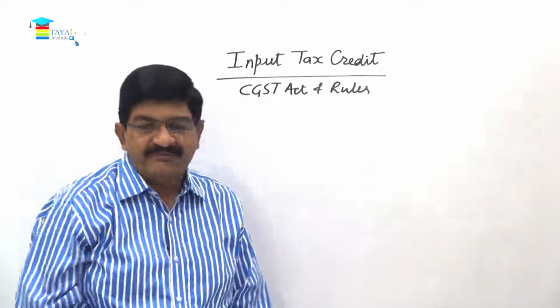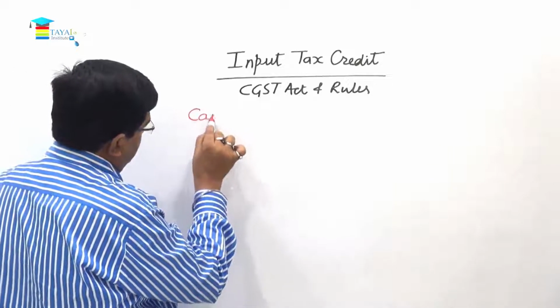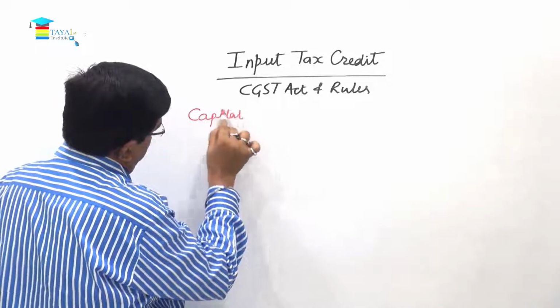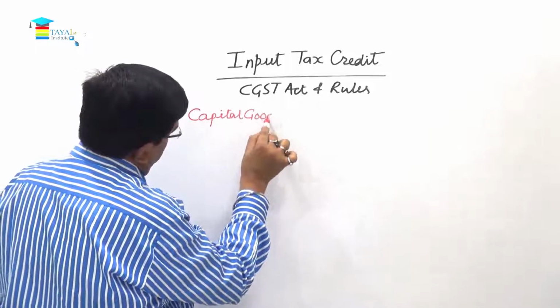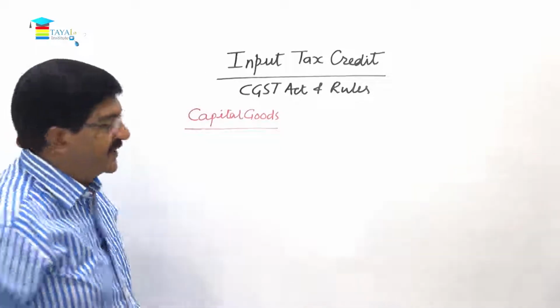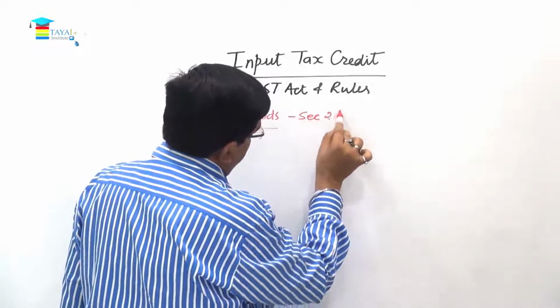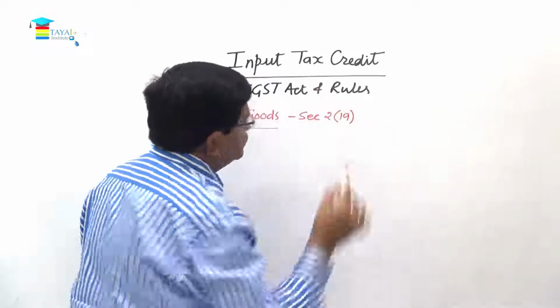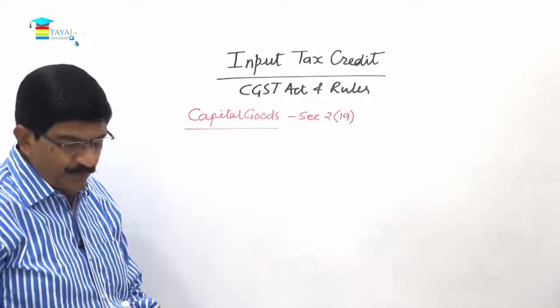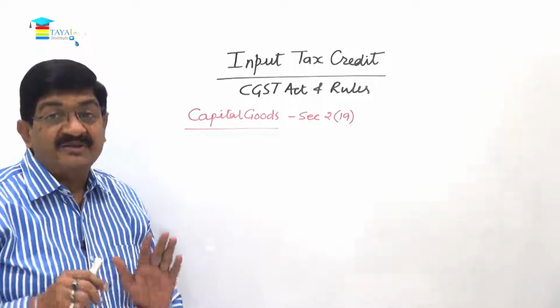The first important definition comes capital goods. The term capital goods, this is defined under section 2 subsection 19. Right? Now what is generally referred as capital goods, and when the credit is available, that makes a difference.